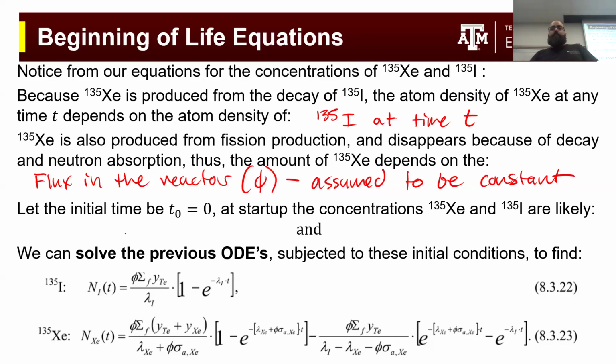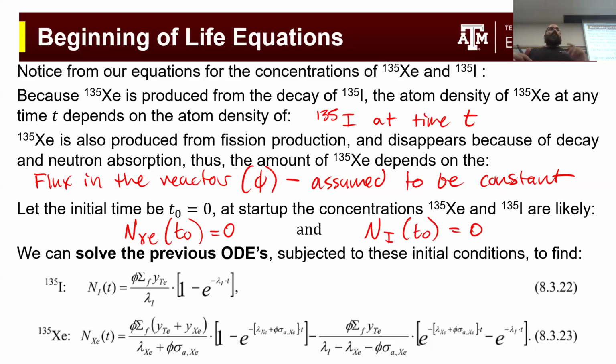So the amount of xenon at T0 is equal to zero, and the amount of iodine at time T0 is also equal to zero. If the reactor hasn't been turned on yet, then I haven't built up any fission products. Therefore, I haven't built up any xenon or any iodine. So these would be my initial conditions that are used for the differential equations that we had built up.